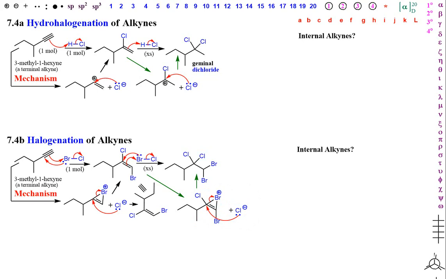One further comment before we move on to a brief discussion of internal alkynes versus our terminal alkynes that we saw here. This cation is much more stable than this cation for reasons beyond hyperconjugation.